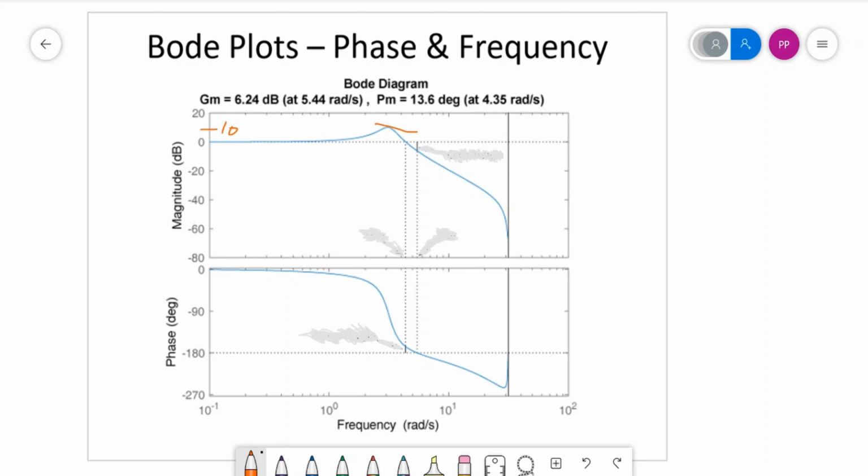So 10 decibels means 10 equals 20 log base 10 magnitude or gain. So log base 10 magnitude equals 1 by 2. If you take the antilog of this, you can get the magnitude.